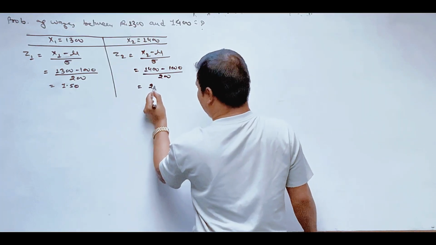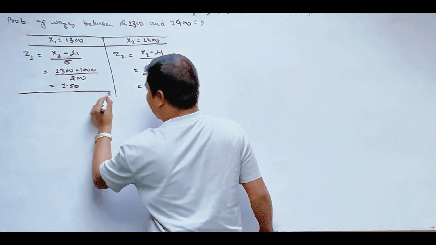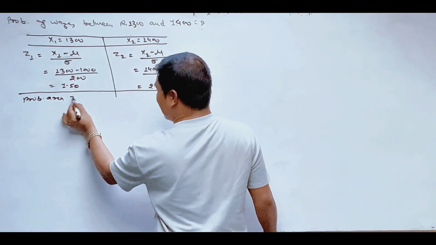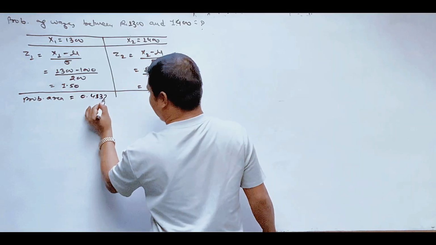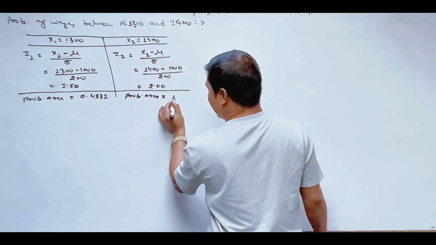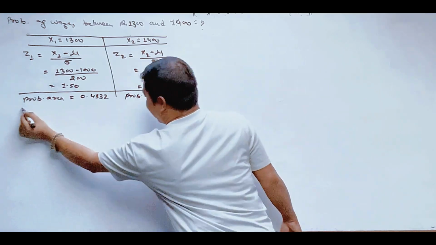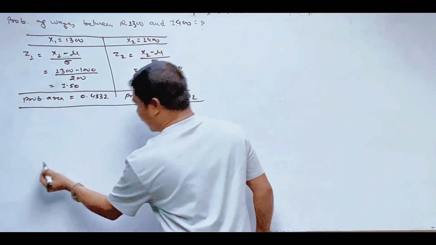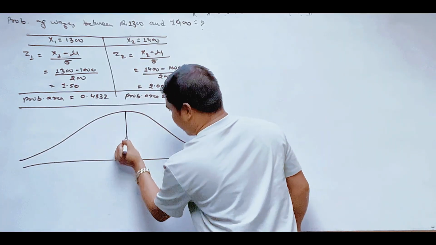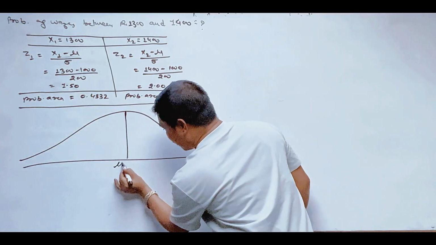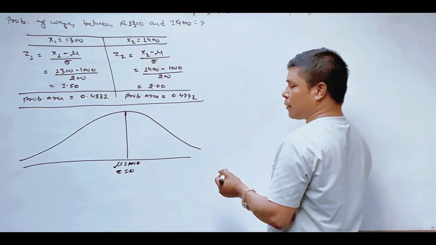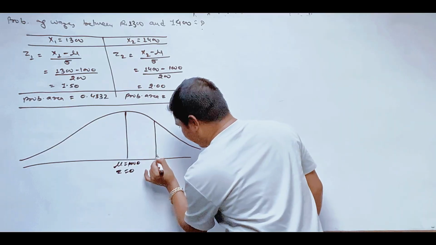That is 2.00. Referring to the normal probability distribution table, the probability area at z score of 1.5 is 0.4332. In another column, the probability area at z score of 2 equals 0.4772. Okay. From the given information, we plot the normal curve. The central line is denoted by mu equals 1000, z equals 0. The variable of rupees 1300 is located at the right side of the normal curve central line.